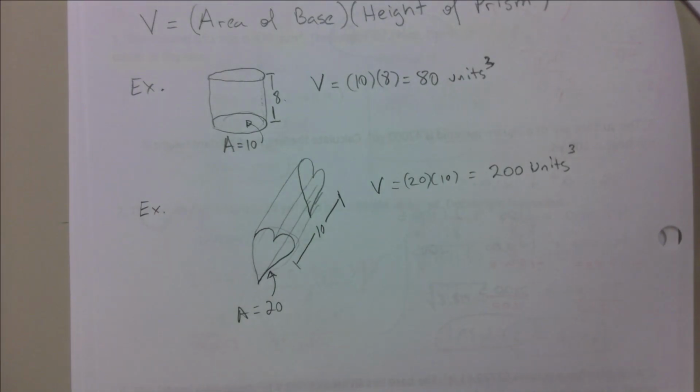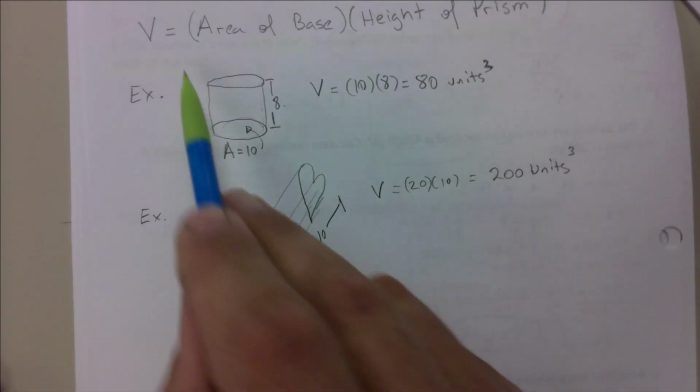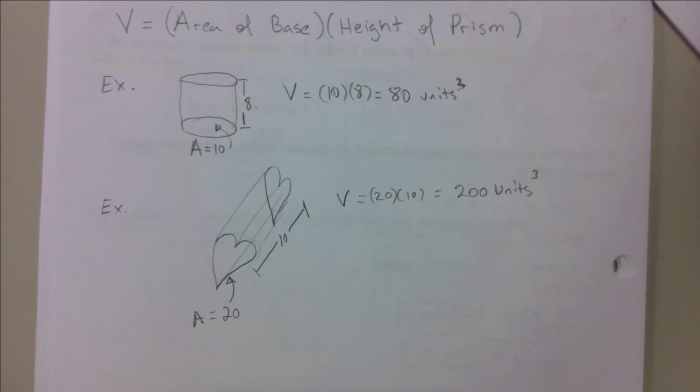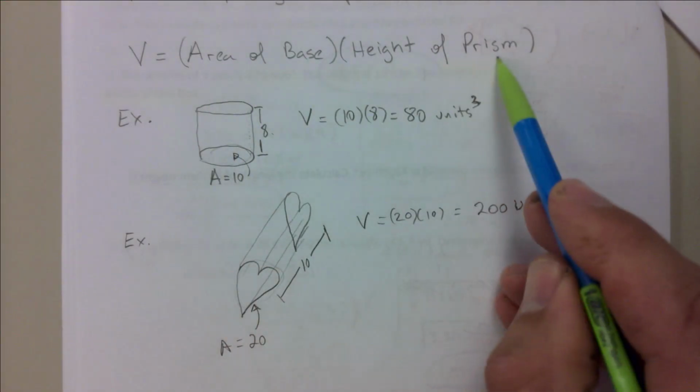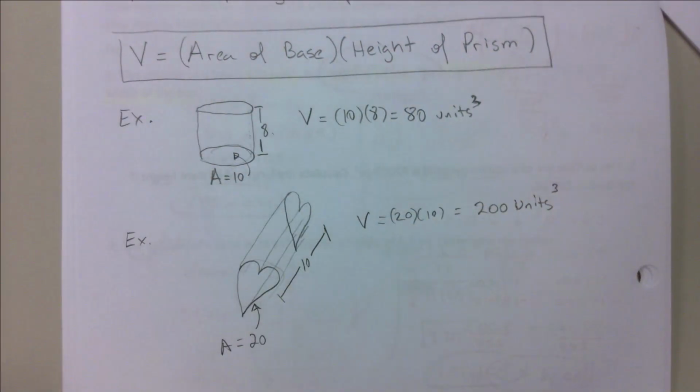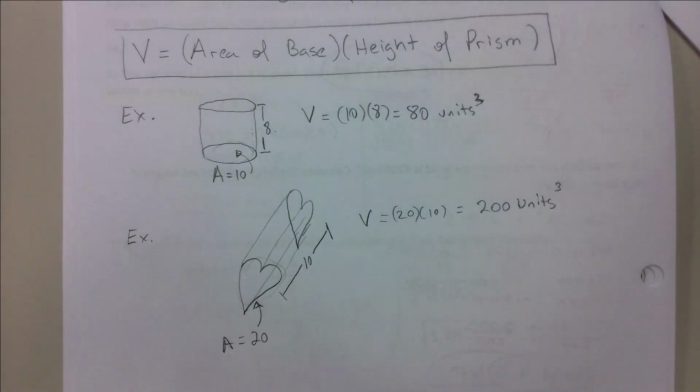I would like you to not take up this much space on your cheat sheet, but to have at least this. This is very important. This only works for regular prisms. What does that mean? That the base can be stacked and you have the same shape all throughout, right?